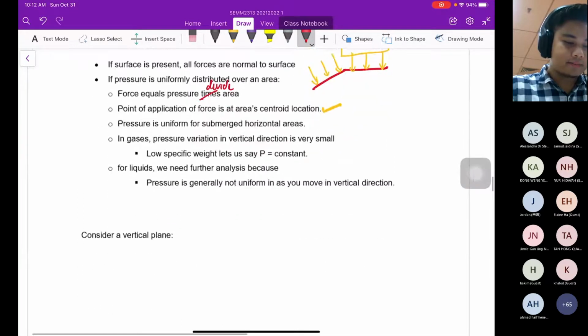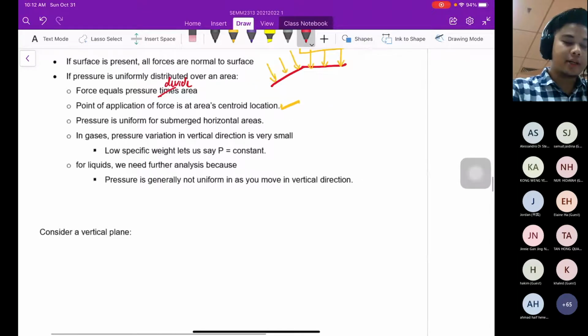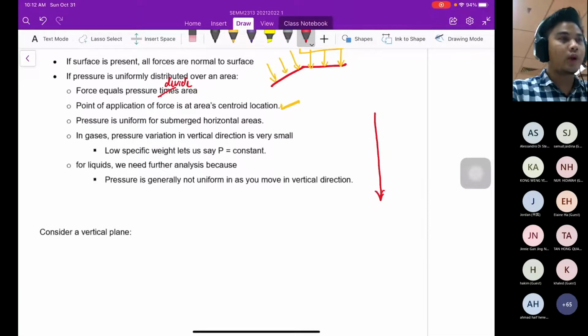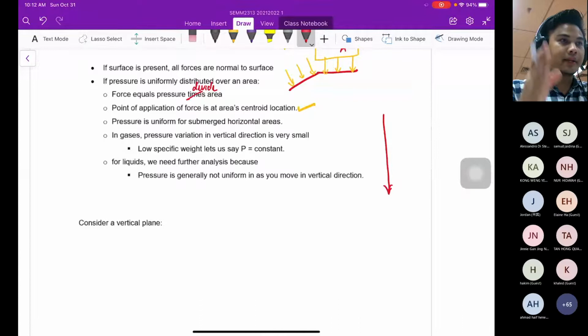Alright. For liquid, we need to analyze further because pressure is generally not uniform as you move in a vertical direction. So if you move in the vertical direction, the pressure will not be uniform. That is why you need to analyze the vertical forces on the plane.